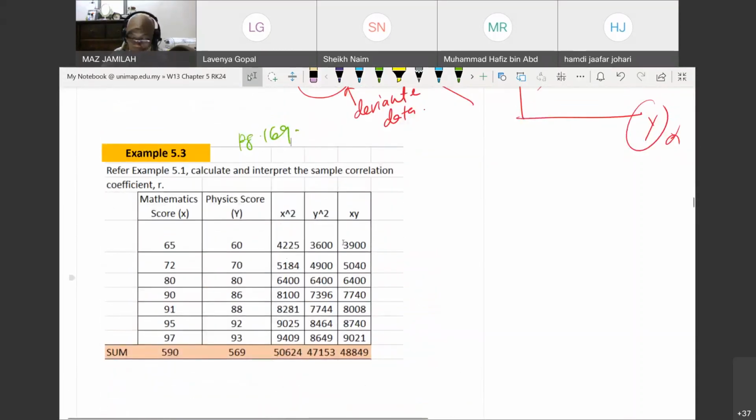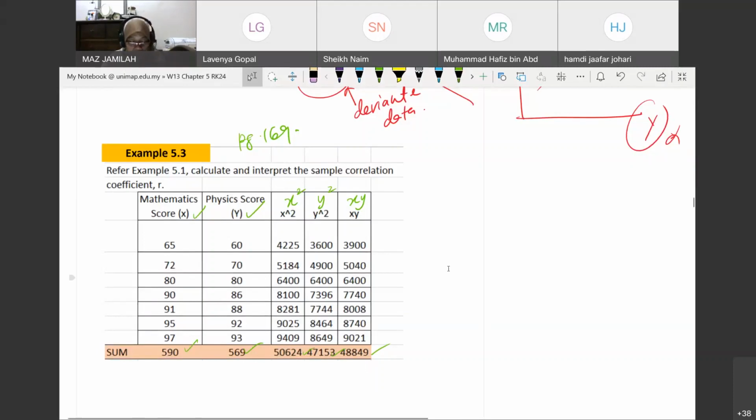So if you look back to your calculation manually, you have your X, you have your Y, you will need to find your X squared, your Y squared, and XY multiplication. And then find your summation of each of your X, Y, X squared, Y squared.